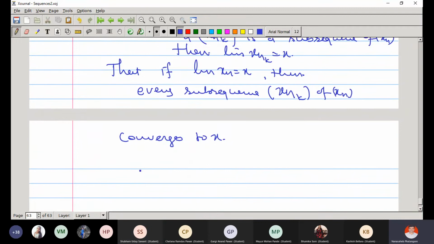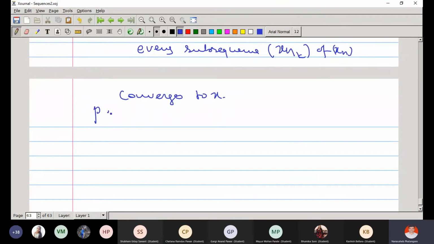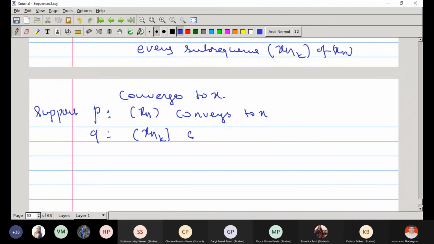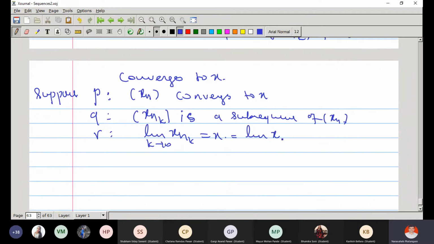Yes, that is correct. So let me make it more precise. Suppose P is the statement that xn converges to x, Q is the statement that x_nk is a subsequence of xn, and R is the statement that the limit of x_nk is the same number x, which is the limit of xn.